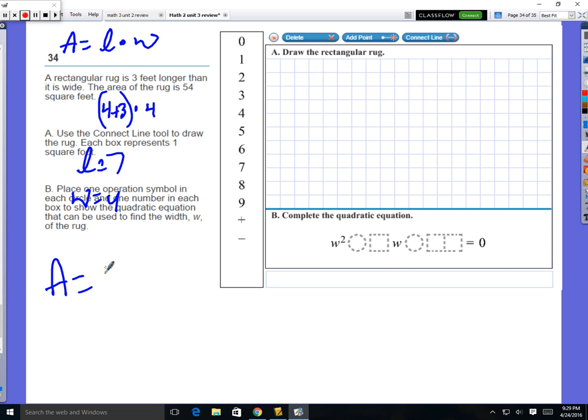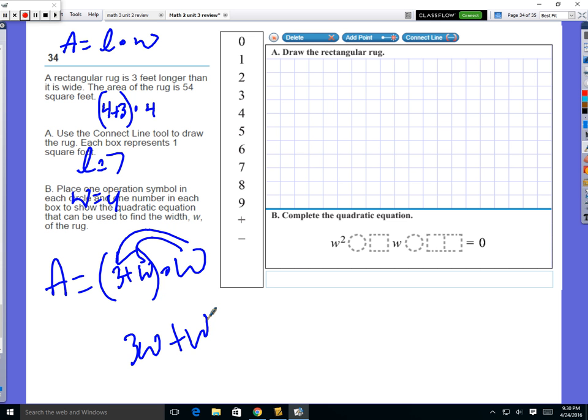The area is going to be 3 plus w times the w. Now if you distribute the w, you should have 3w plus w squared equals 54.